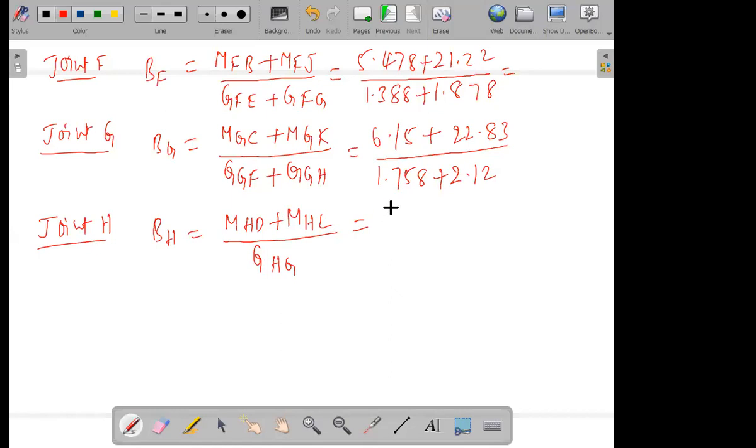So 3.201 plus 11.73 divided by 2.06. Like that, we have to calculate the b constant values. Please tell me what these values are.